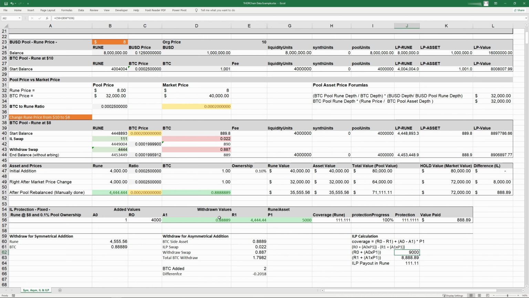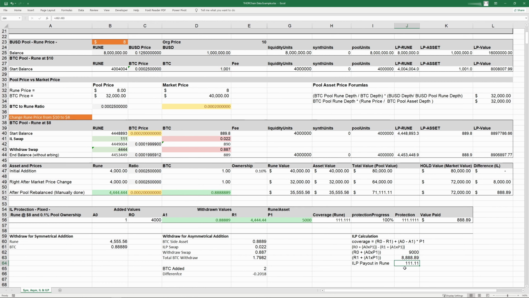Then when you work out your end position, it's going to be this when you put it into Rune. So that times that plus this is going to be our end position. We've essentially added 9,000 Rune worth at the start, and now we're withdrawing approximately this amount worth of Rune when we move the asset into a Rune amount.